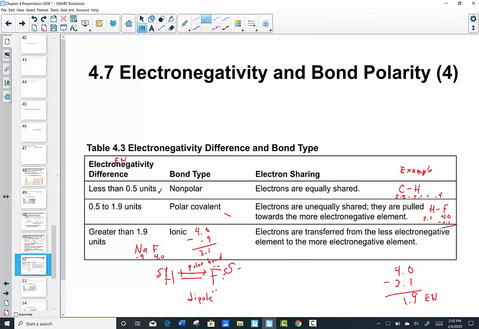Clearly, that's bigger than 2, so this is now an ionic bond. We knew that. It's a metal to a nonmetal, a positive and a negative. So we already suspected it was ionic based on the fact we had a metal with a nonmetal.